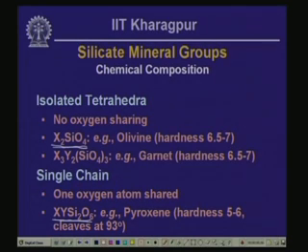These are just a few examples of abundant cations. This type of formulation is typical of the pyroxene group of minerals.